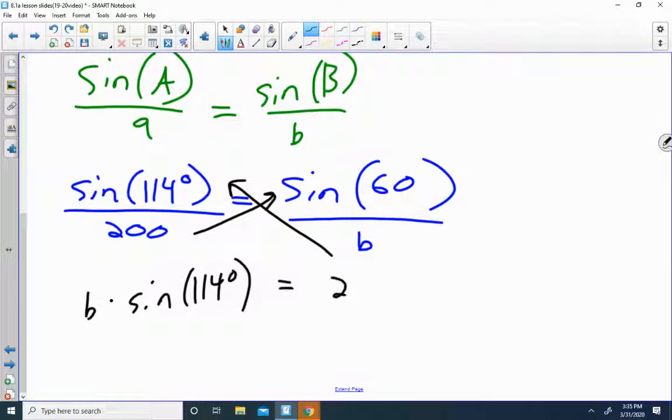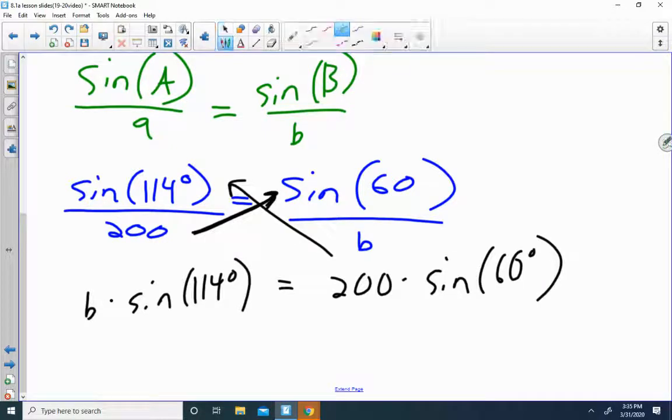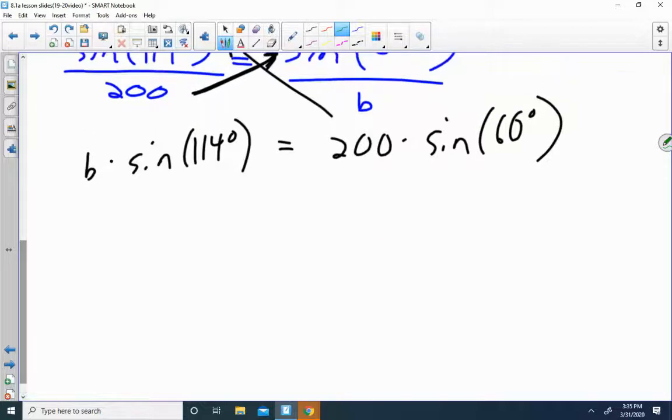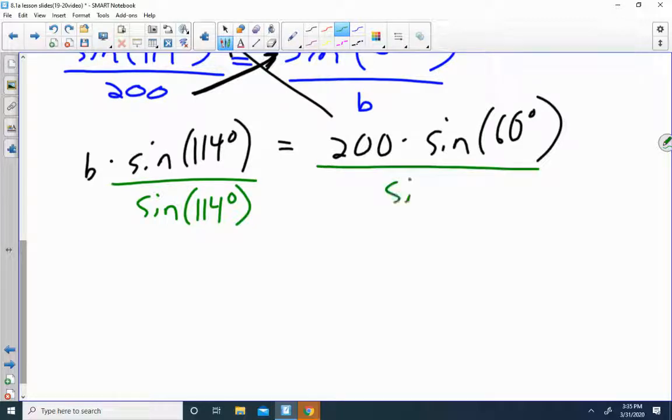And that's going to be equal to 200 times sine of 60 degrees. All right. And then to solve for little b, you just got to divide by sine of 114 to both sides. There you go.